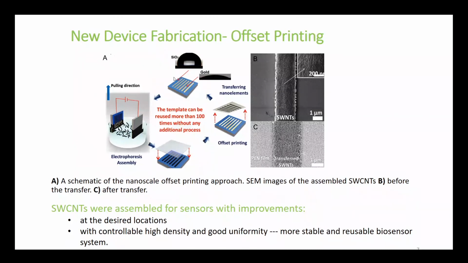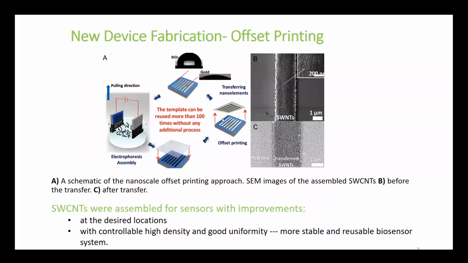Because they use this kind of template. They deposit gold on top of the silicon layer, and then they put the carbon nanotube onto this gold template. They deposit this gold in the desired location, and then they grow the carbon nanotube onto this gold, and after this deposition, they transfer this carbon nanotube onto a flexible material, which is our nano device.